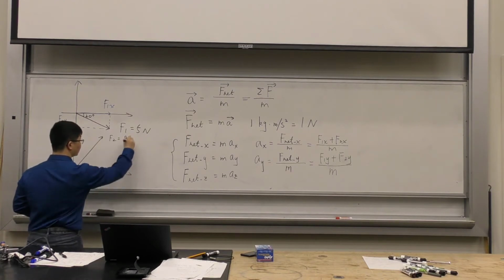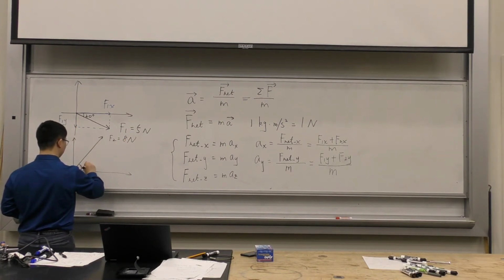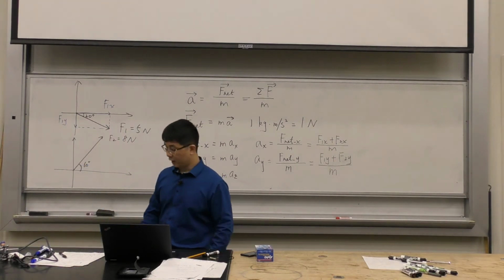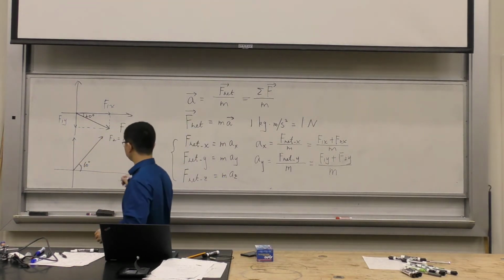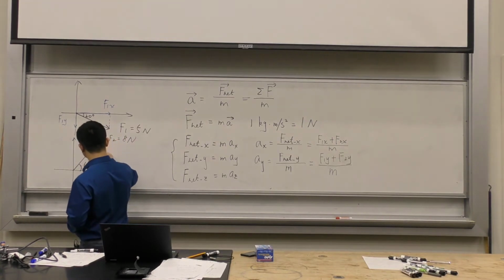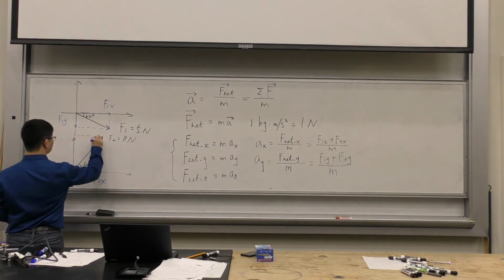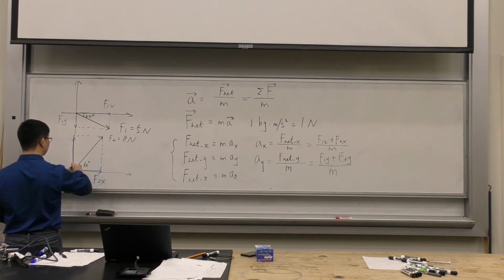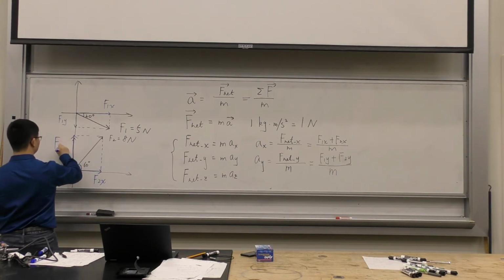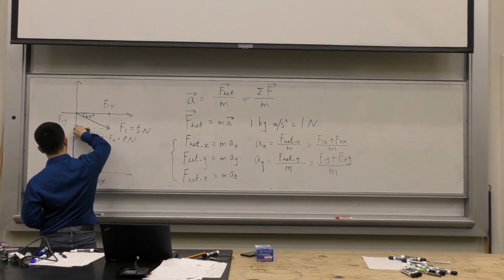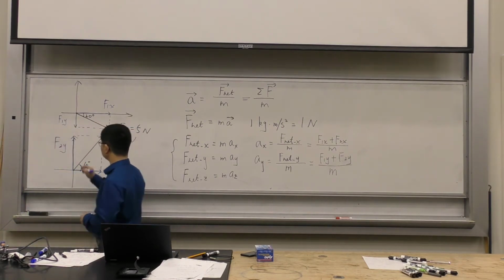And then it has an angle of 60 degrees with the horizontal, with the positive X direction. How do you draw these two components? Again, projected onto X axis, this is what I would call F2X. What is the projection onto Y axis? That's going to be F2Y. So these are the 4 components.